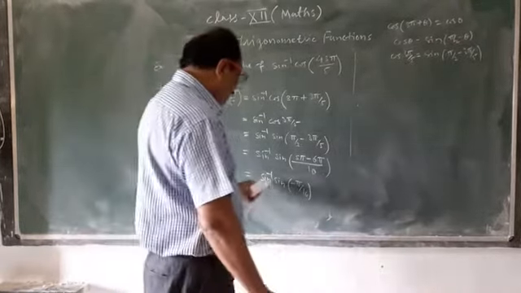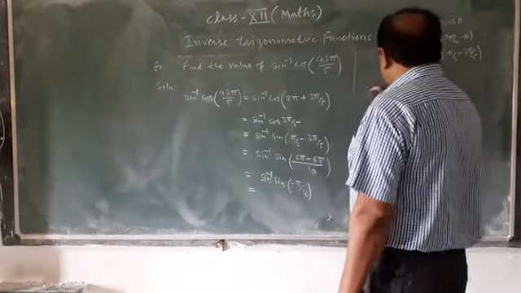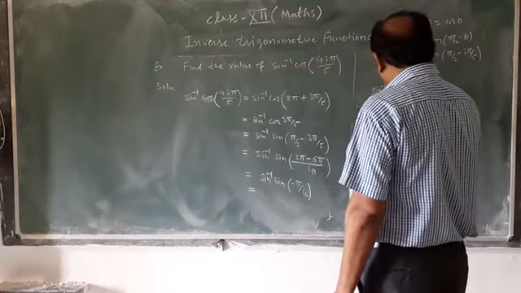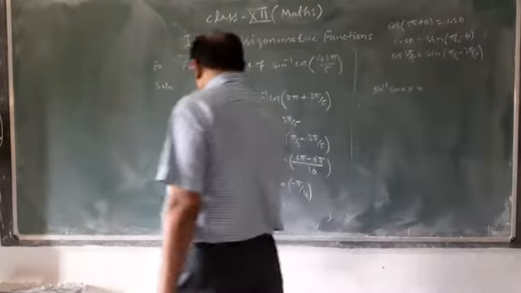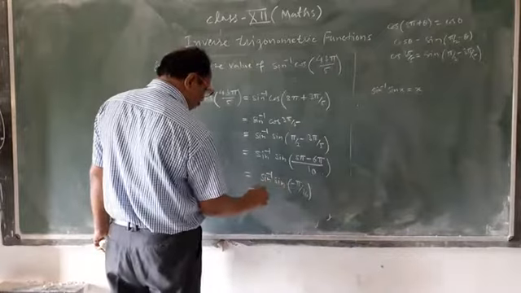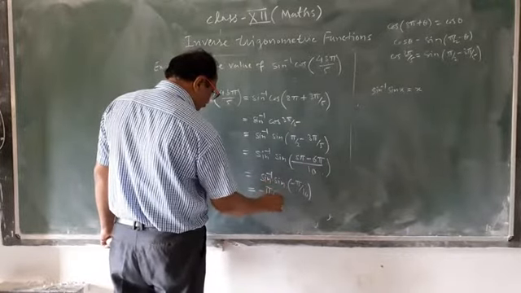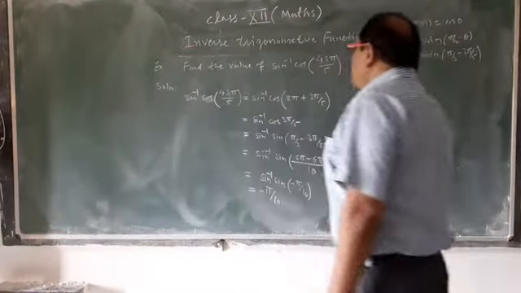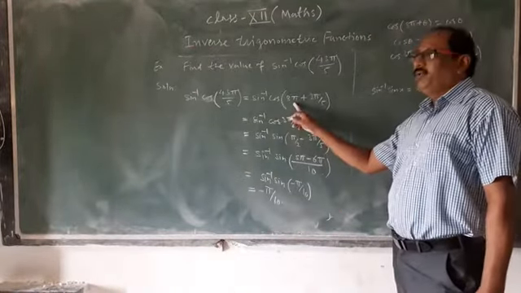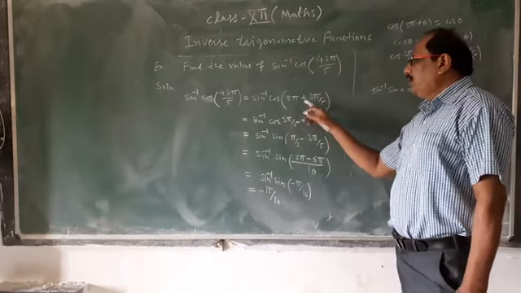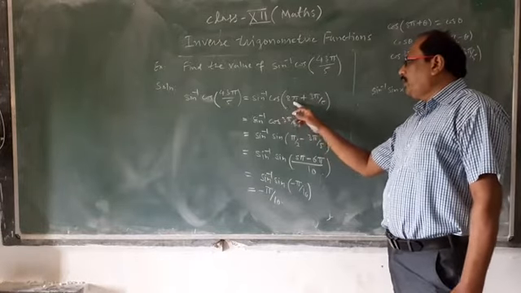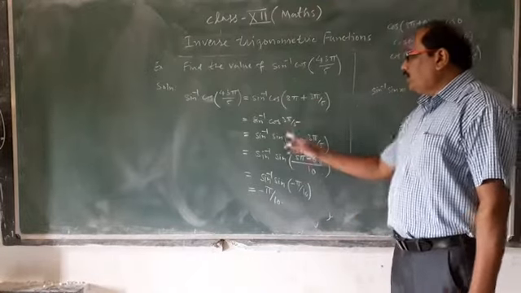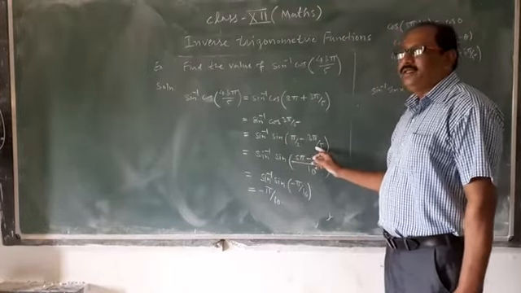Therefore sin inverse of sin x is equal to x. So sin inverse of sin theta is equal to theta, that is minus pi upon 10. Here you see cos of 8 pi, an even multiple, 8 pi plus theta is equal to cos theta. Means cos of 8 pi plus 3 pi upon 5 is cos 3 pi upon 5. Cos of theta means sin of pi by 2 minus theta.